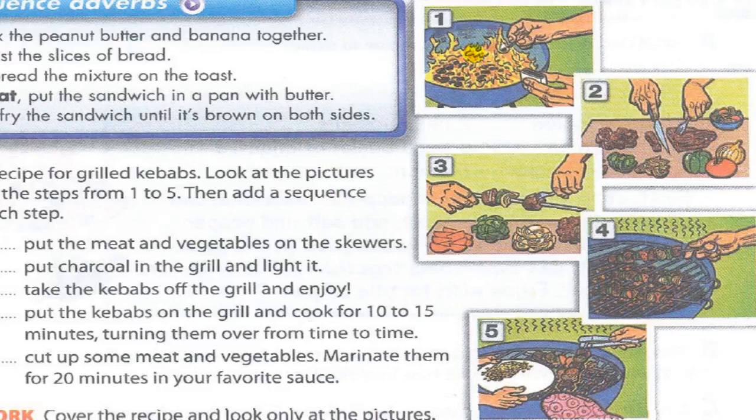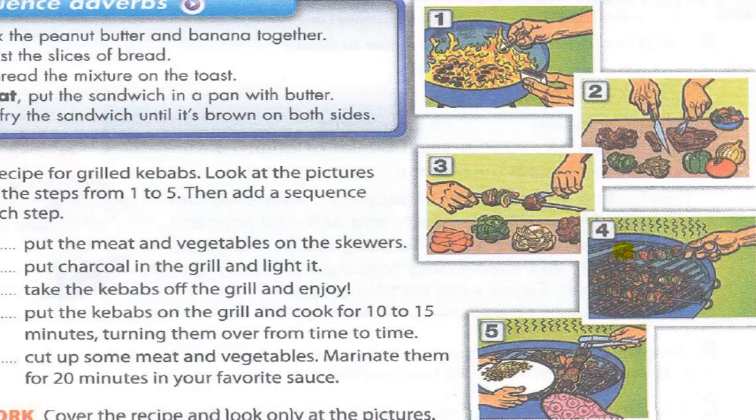Number 2, then cut up some meat and vegetables, marinate them for 20 minutes in your favorite sauce. This is picture number 2. Picture number 3, next, put the meat and vegetables on the skewers.